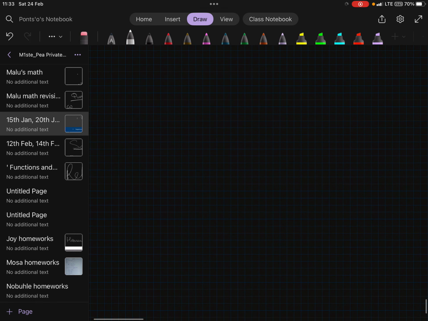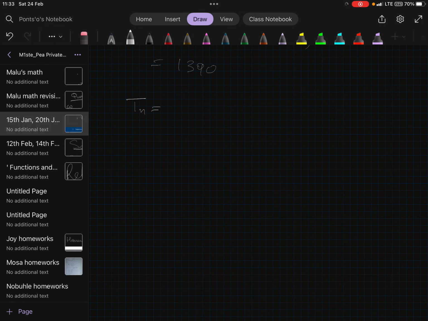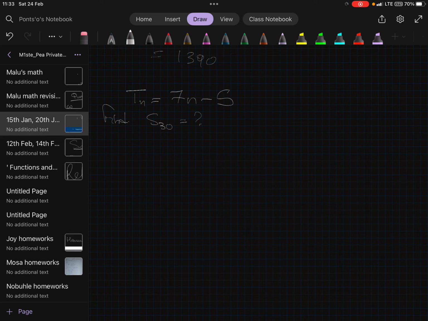Let's quickly do an example. If we have a sequence, Tn is 7n minus 5, and we must find the sum of the first 30 terms. The first step we'll have to do is to use that same general formula to find a, which is T1.